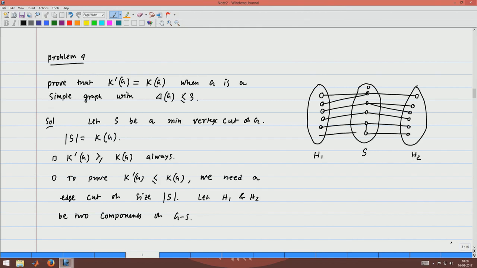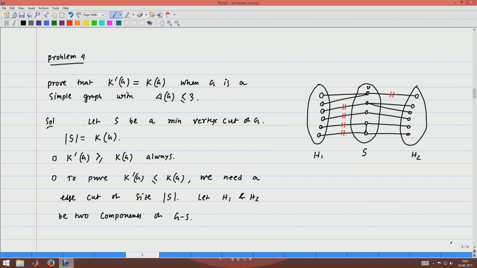Now, the idea is that suppose the vertex cut has 1, 2, 3, 4, 5 vertices. Now, I have to construct an edge cut of size 5. So, what we do is that we remove this edge, and in this case either you can remove this edge or this edge, no problem, and in this case you have removed these two edges. Now, you can see that if you remove these 5 edges from the graph, there is no path between a vertex in H 1 to a vertex in H 2.